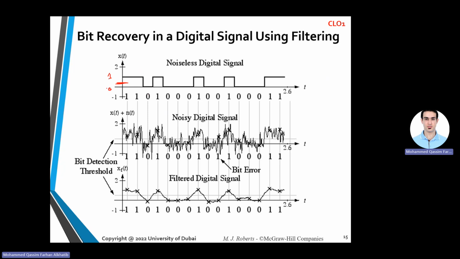So even with the presence of noise, so this signal was contaminated by noise, so I'm receiving this part. At the receiver part, you set the threshold, so you have the bit detection threshold, some point here, almost 0.5, and you can approximate the digital sequence based on that. So that's just an example of why digital is better than analog. Assuming this signal is analog, you have a waveform like this. At the receiver part, you will receive something like this, very noisy, very hard to recover.